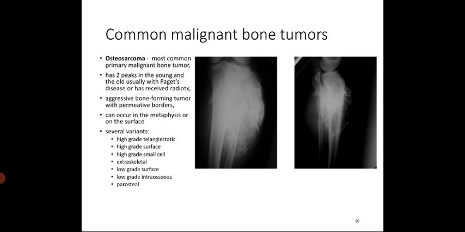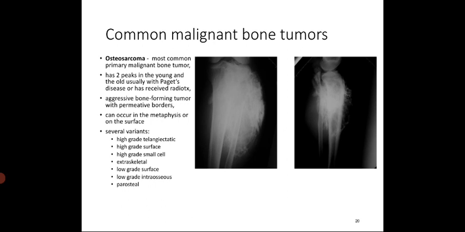But for the most common primary malignant bone tumor, we have osteosarcoma. It has two peaks, in the young and usually in the old with Paget's disease or where the patient has received radiotherapy. Its characteristic is that it's very aggressive.